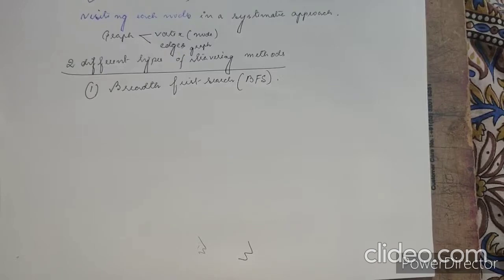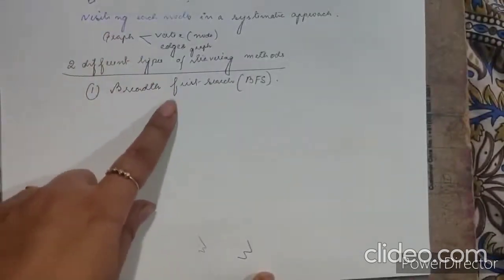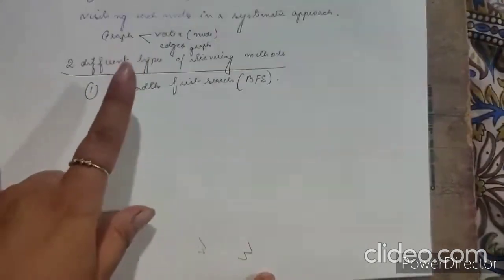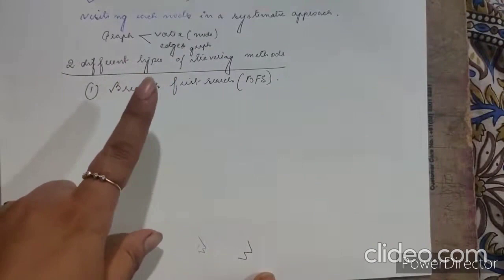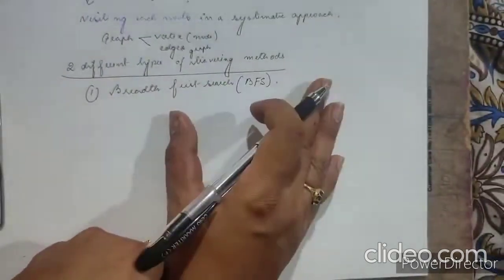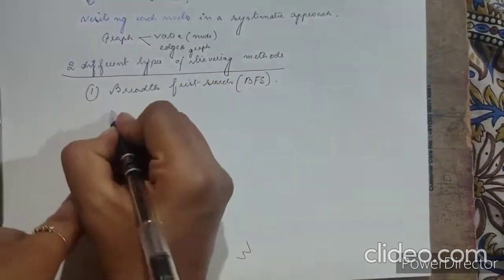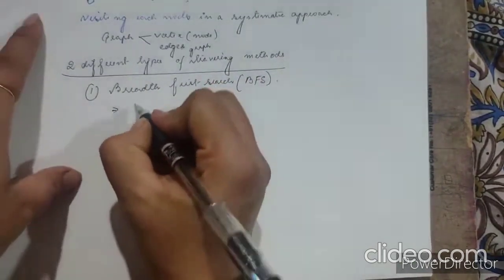In this technique, first we visit the starting vertex and then visit all the vertices adjacent to the starting vertex. After this we pick these adjacent vertices one by one and visit their adjacent vertices, and this process goes on.